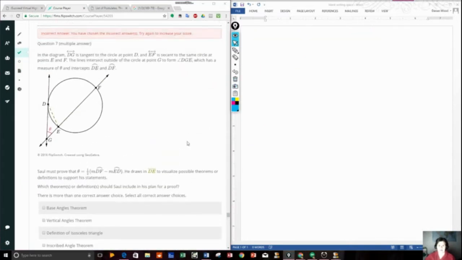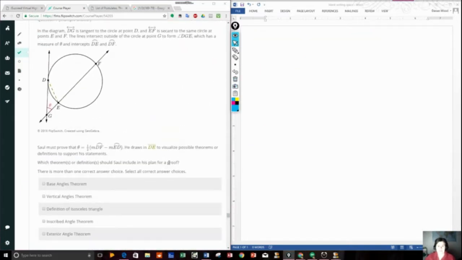Alright, so now here we go. In the diagram, DG is tangent to the circle at point D. EF is secant to the same circle at points E and F. The lines intersect outside of the circle at point G to form angle DGE, which has the measure of theta and intercepts arc DE and arc DF.